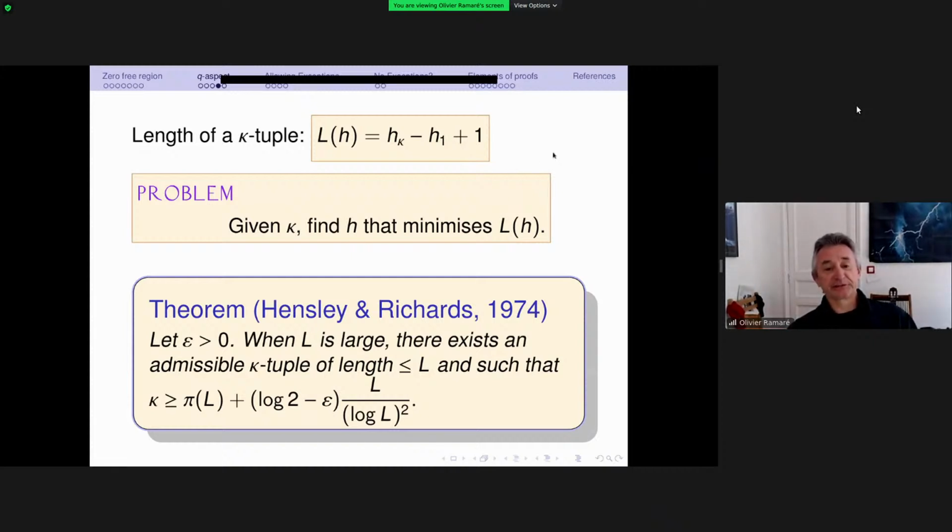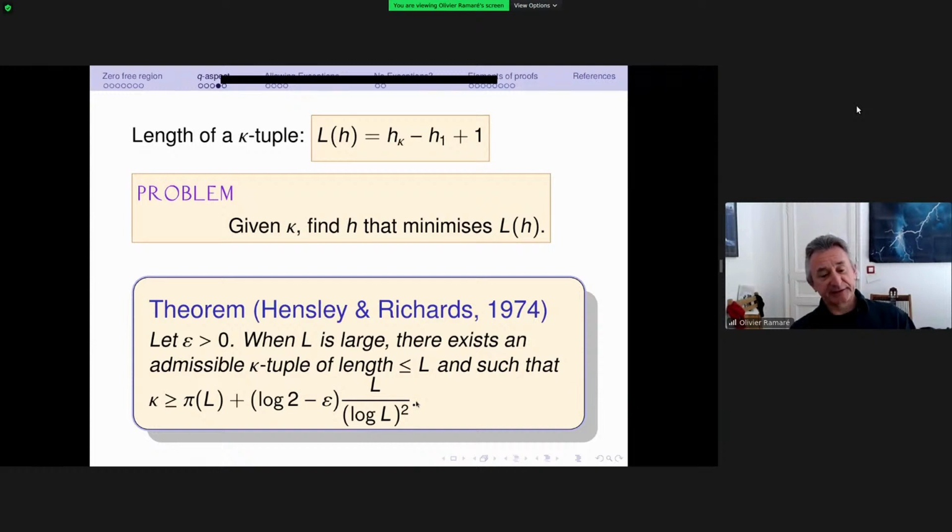We don't have much information on that. The basic result on this question is due to Hensley and Richards, and I think Andrew is going to say something better than that. We are able to get more than the number of primes. It means that we have an upper bound which is twice L upon log L, and we are able to find places where you can have L upon log L plus something bigger than that, but it's a little o of L upon log L.